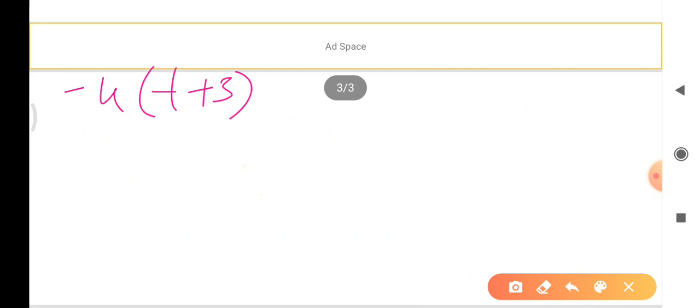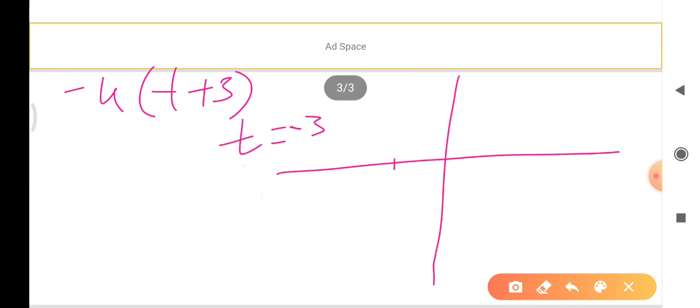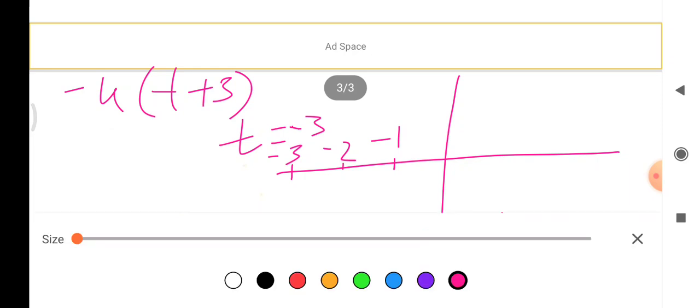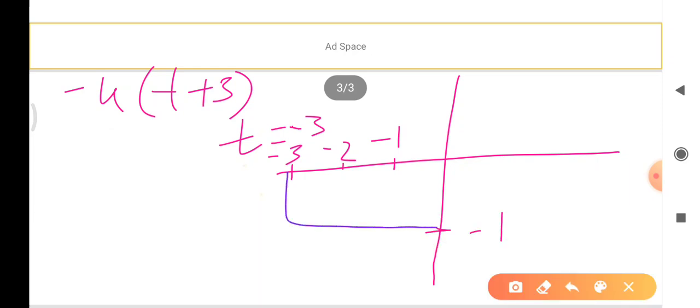Then mark minus 1, minus 2, minus 3, and minus 1 is the magnitude, so it should start from this and stay like this. It remains the same. This is your minus u of t minus 3.